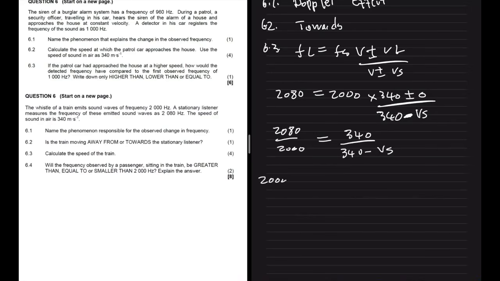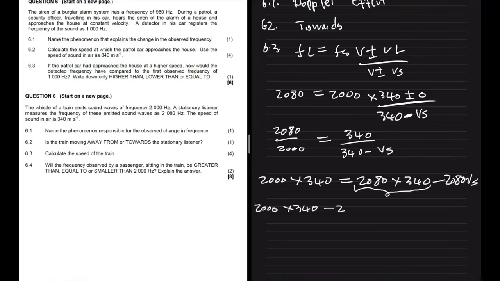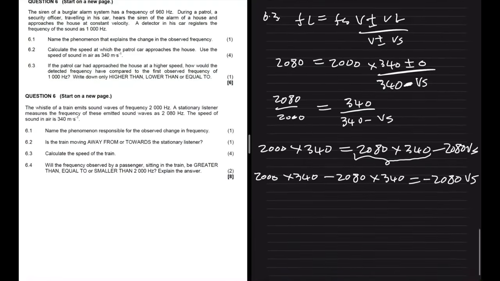So we're going to have 2000 multiplied by 340 equals 2080 multiplied by 340 minus 2080 Vs. I'm going to take this expression to the left hand side so that I can isolate Vs. So we're going to have 2000 multiplied by 340 minus 2080 multiplied by 340 equals minus 2080 multiplied by Vs. And then I'm going to divide both sides by minus 2080 and see what we get.